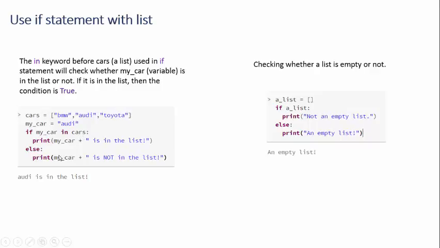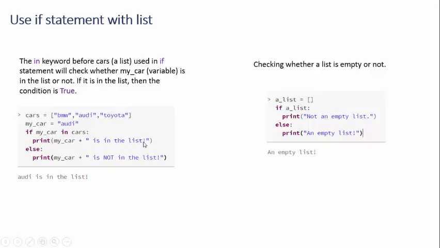In this particular if statement, it is an if-else statement. The condition is basically my_car in cars. That statement becomes true if this variable is included in the list, and false if my_car is not in this list. In this example, my_car is part of the cars list, so this condition is going to be true.